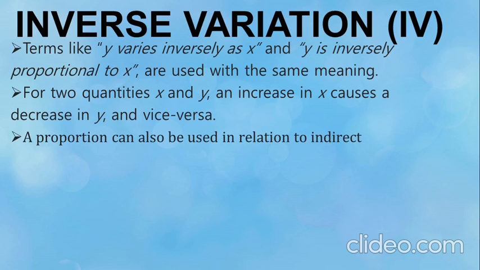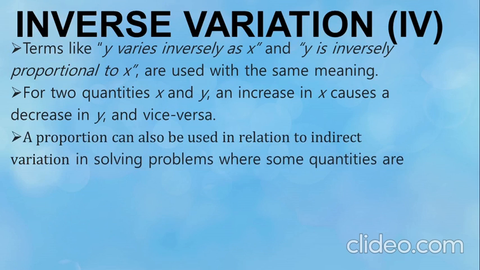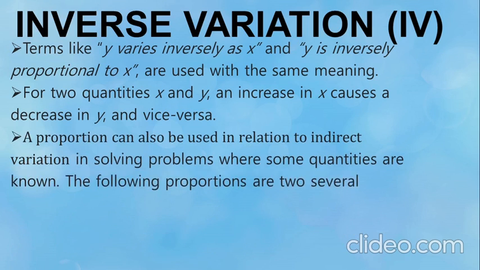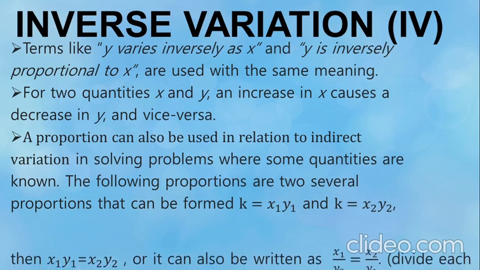A proportion can also be used in relation to indirect variation when solving problems where some quantities are known. The following are several proportions that can be formed. We have k is equal to x sub 1 y sub 1, and k is equal to x sub 2 y sub 2.